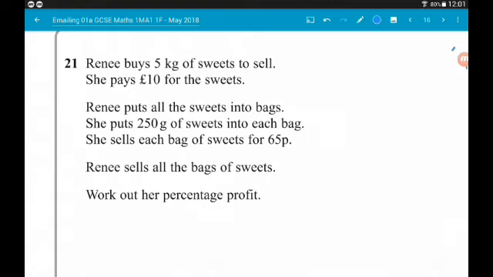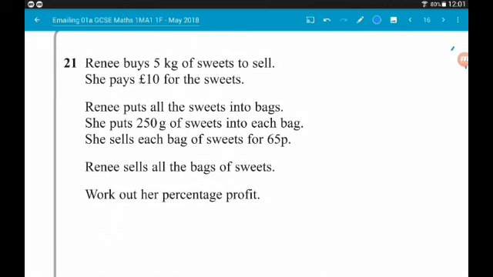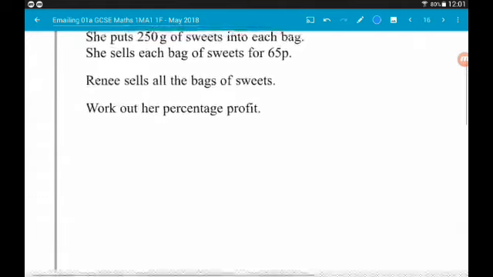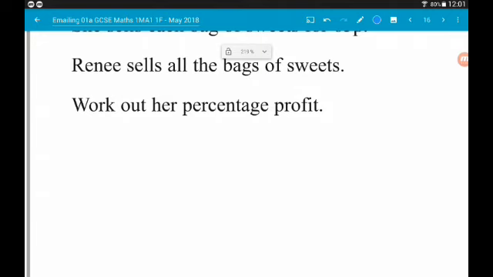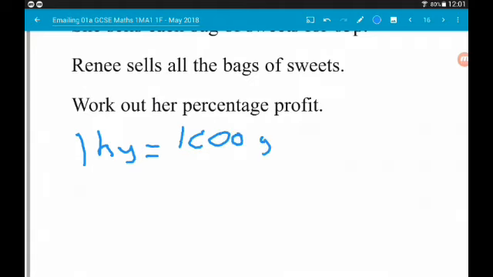So, she puts 250 grams into each bag. So, 1 kilogram is 1,000 grams.